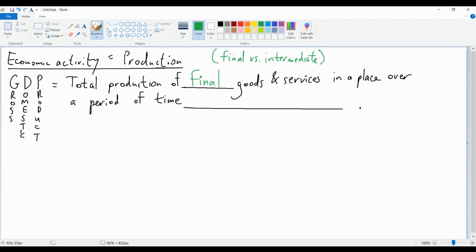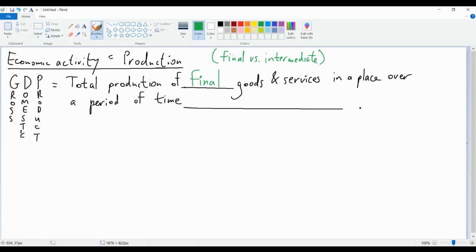Next problem. How do we add them up? Suppose we had an economy that made one bottle of tea and one phone. Do we say that the GDP is 2? No. We have to find some common way of measuring them, and a common way that also makes economic sense.